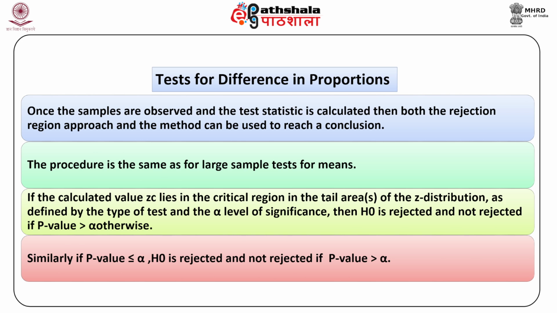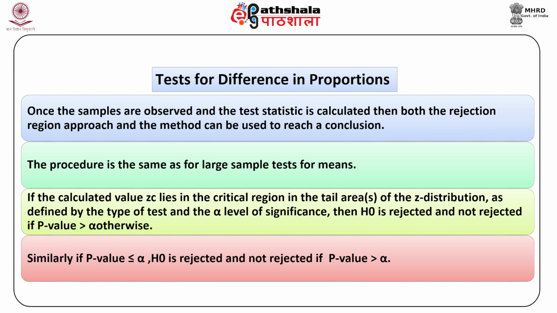The procedure is the same as for the large sample tests for means. If the calculated value Zc lies in the critical region in the tail area or areas of the Z distribution, as defined by the type of the test and the alpha level of significance, then H0 is rejected and not rejected otherwise.